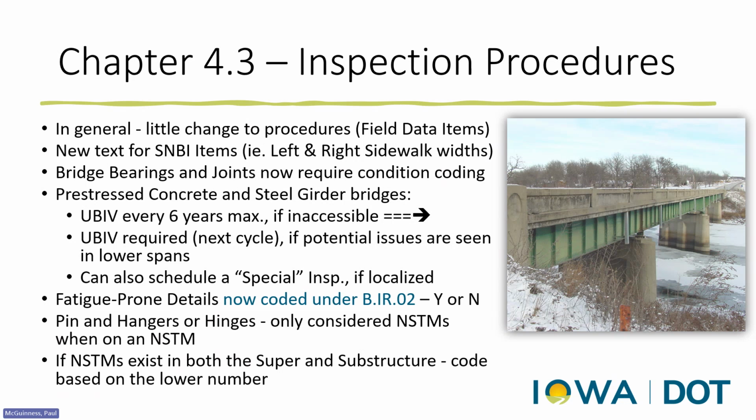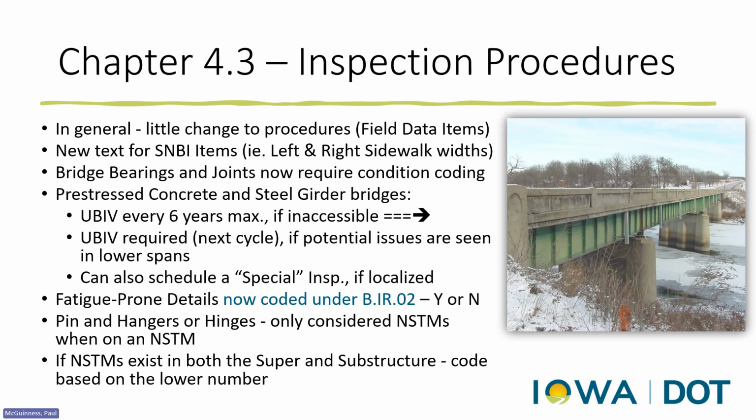However, if a pin and hanger is on a 5 girder system, then it is on a redundant system. So it's easy to remember, if it's not part of an NSTM member or attached to an NSTM member, then it's not NSTM. But pin and hangers are obviously special features, and we don't see them that often.